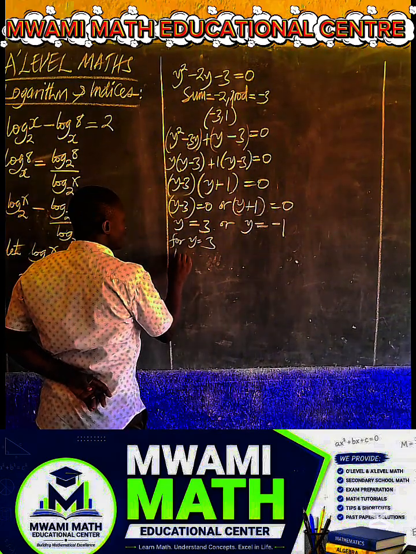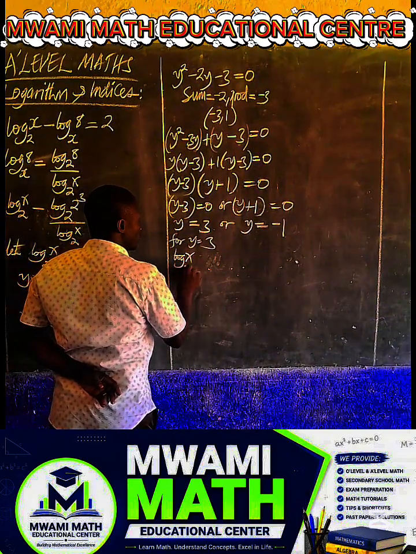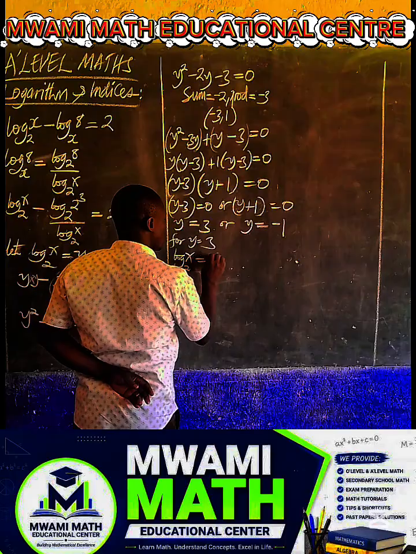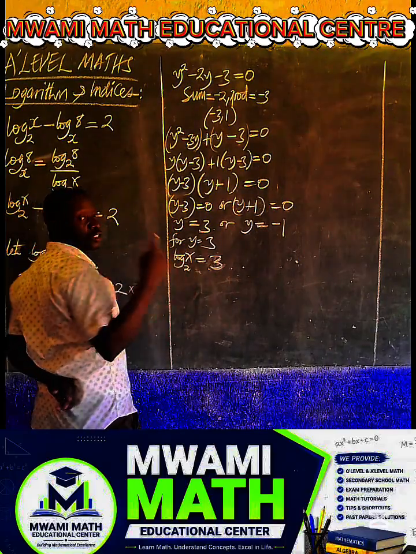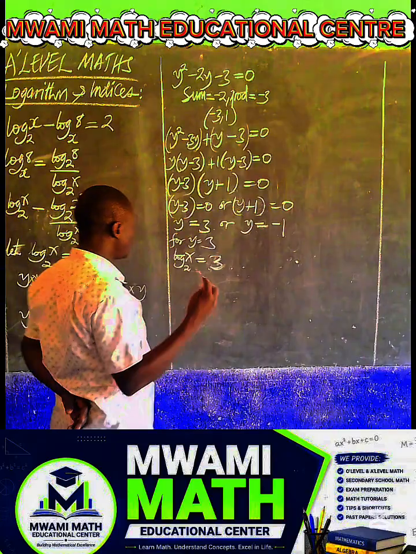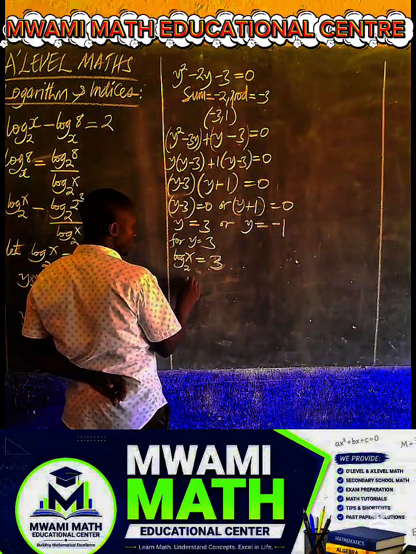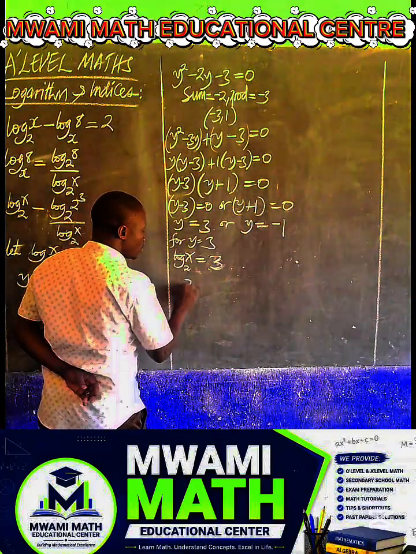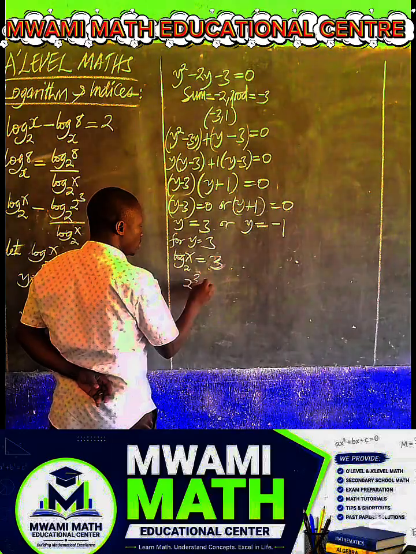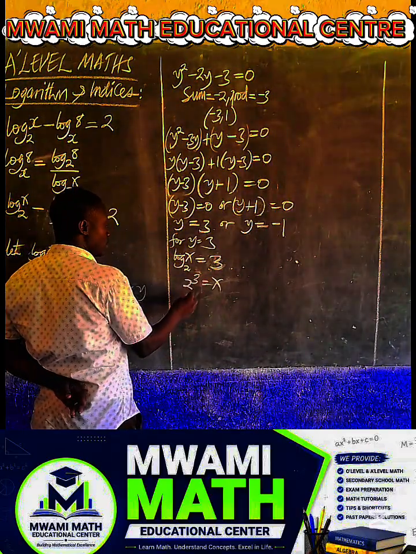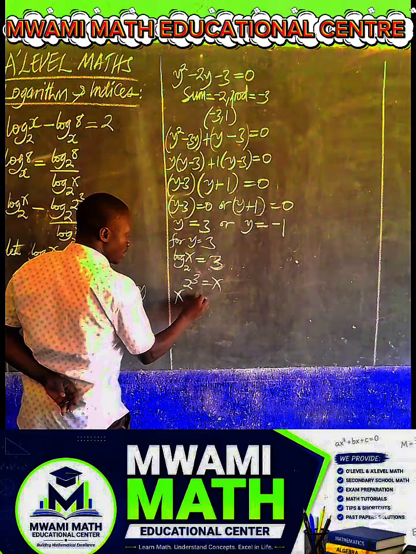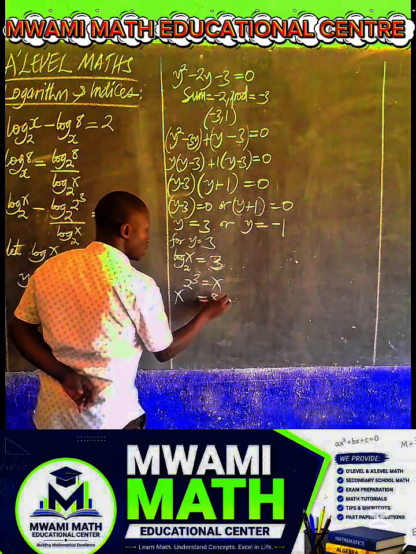So this means log of x in base 2 is equal to 3. According to the other rule of logarithm, as we remove the logarithm, we get the base power. So 2 power 3 will equal x. This means x is equal to 8.